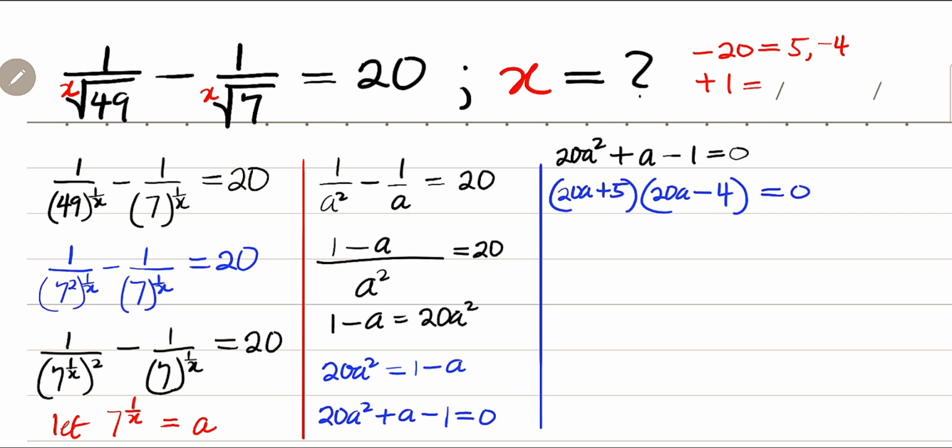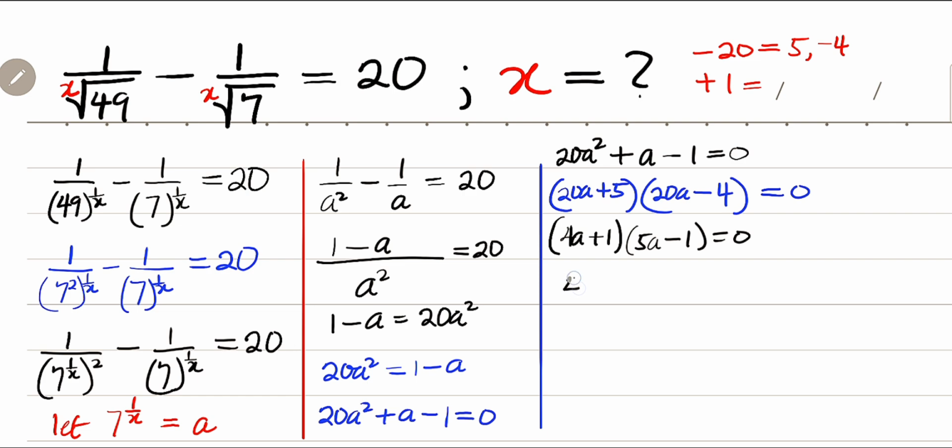So all we need to do is to break down the terms in the parentheses. If we divide the first by 5, we have 4a plus 1, and we divide the second by 4, we have 5a minus 1, all equals 0.